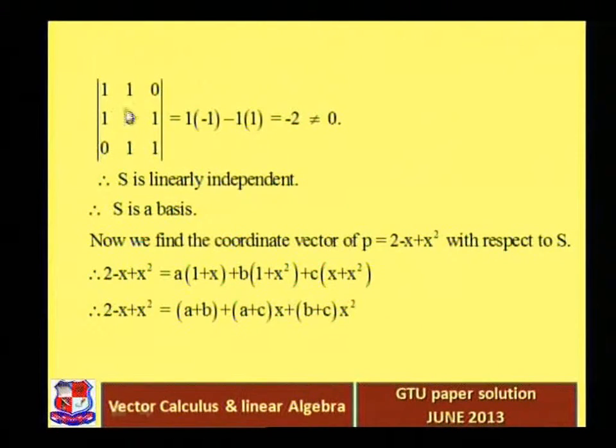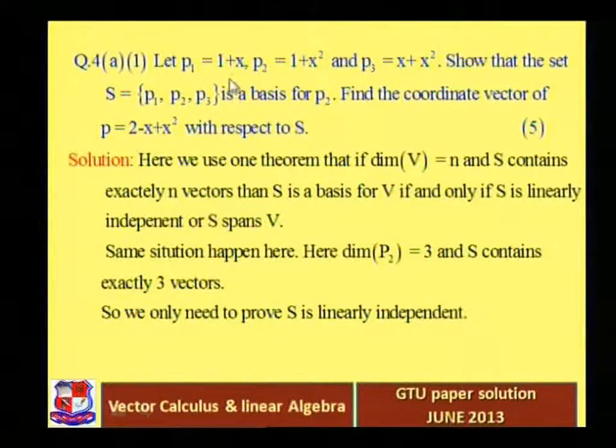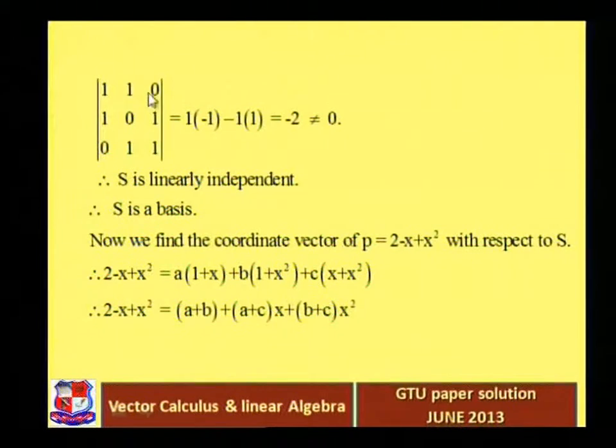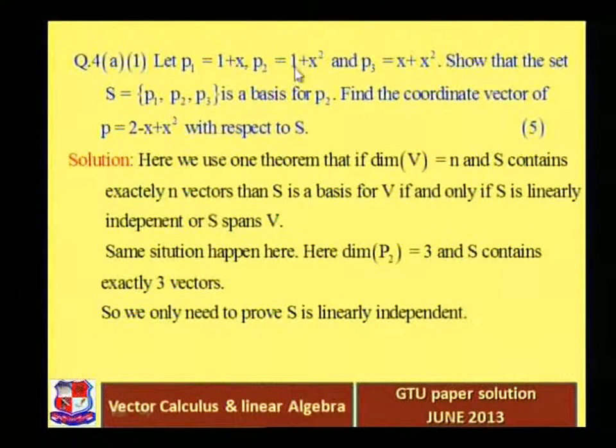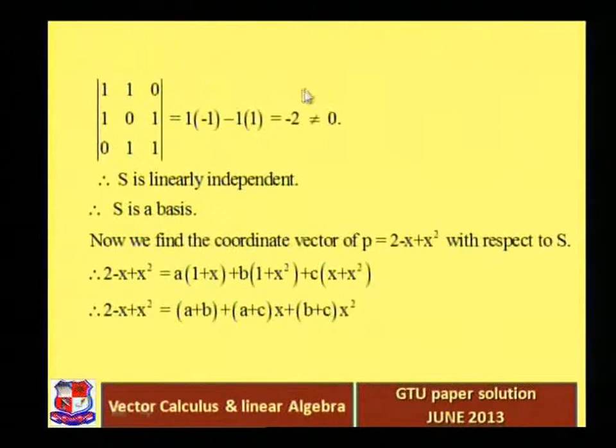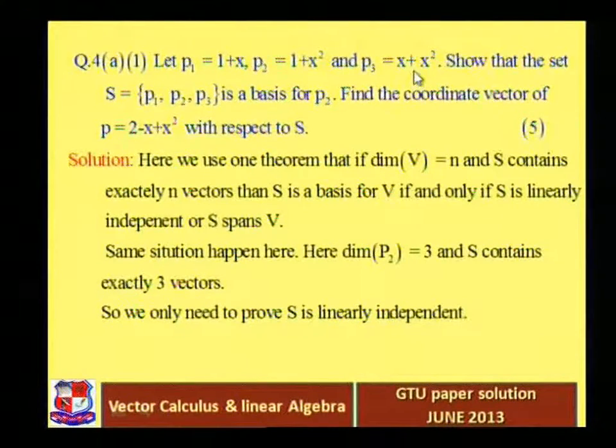Now the first row is coming from the first polynomial 1 plus x: 1 1 0. The second row is coming from the second polynomial: 1 0 1, and the third row is coming from the third polynomial: 0 1 1.